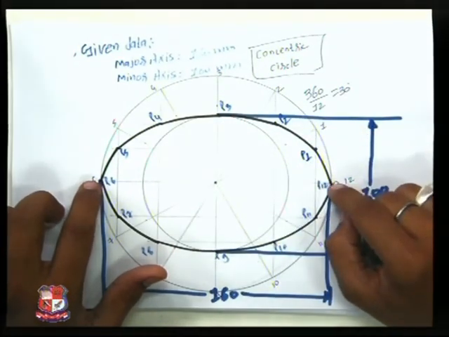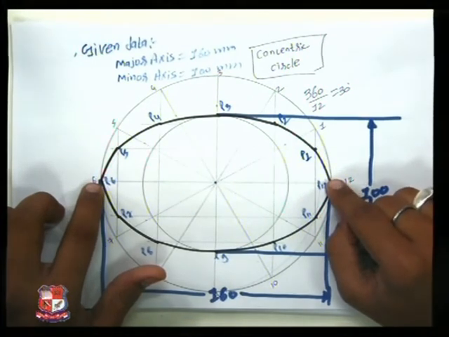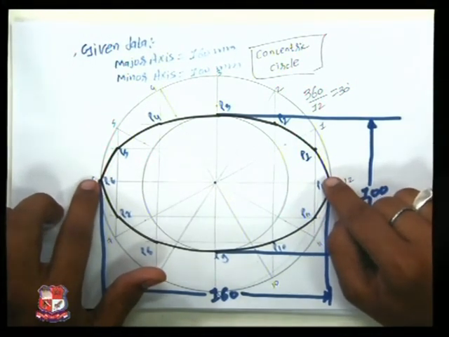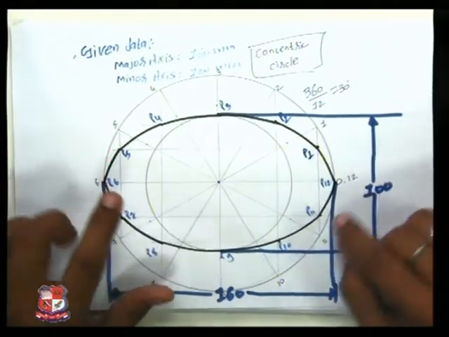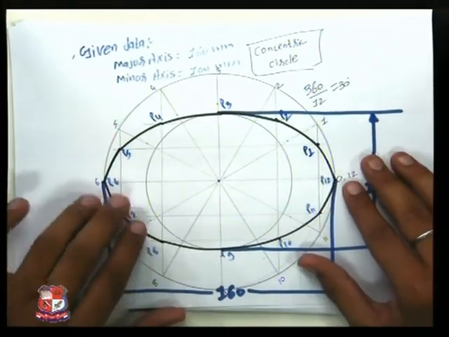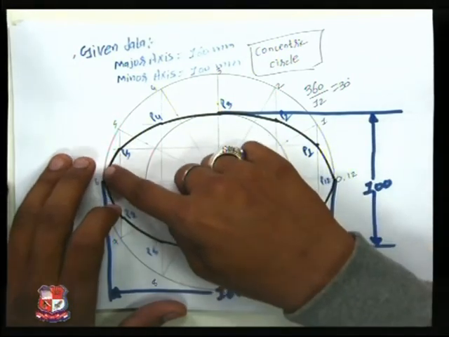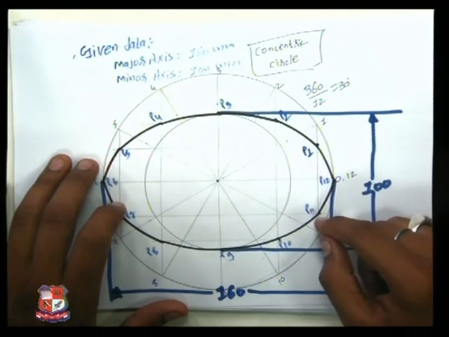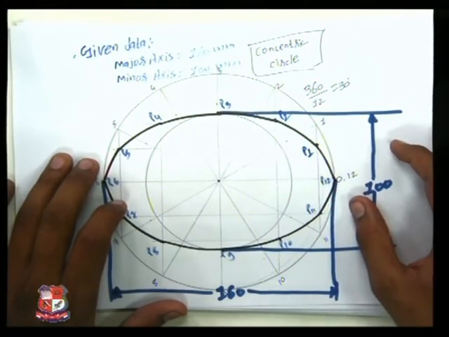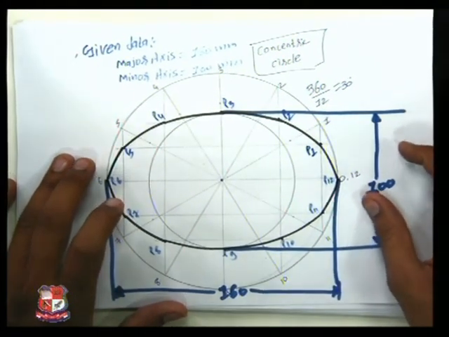Same way, to maintain the major axis we have taken the two outermost portions of the outer circle. Don't forget to give the dimension and the nomenclature. Join those points with the smooth curve and you can get your desired ellipse using concentric circle method.